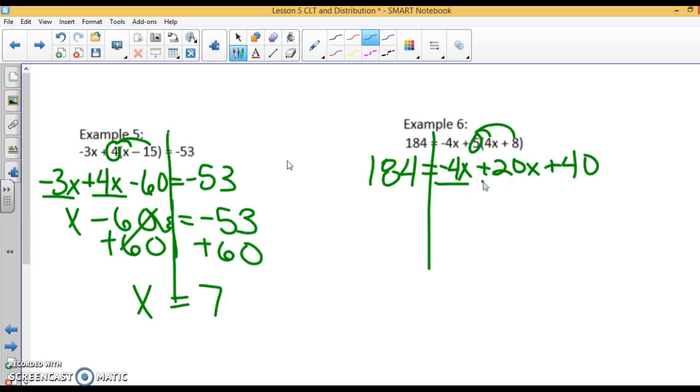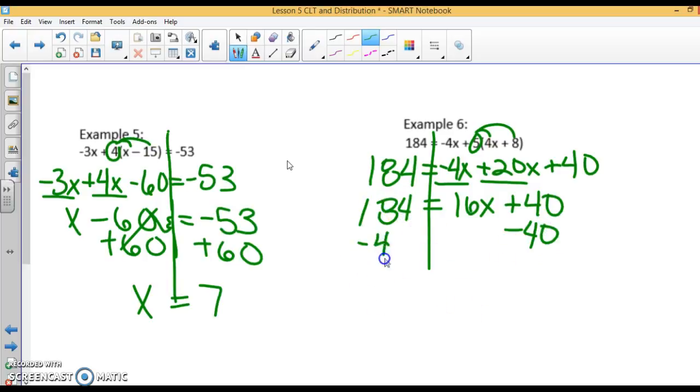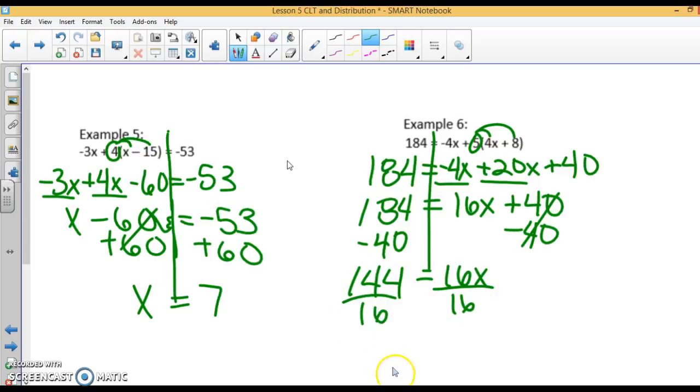I can now combine my negative 4x and my 20x, which will give me 16x plus 40 on this side, and I can just carry down my 184. I can subtract 40 from both sides, and that'll leave me with 16x on this side, and 184 minus 40 will give me 144 on this. Then I just divide by 16 on both sides, and I'm left with 9 equals x.